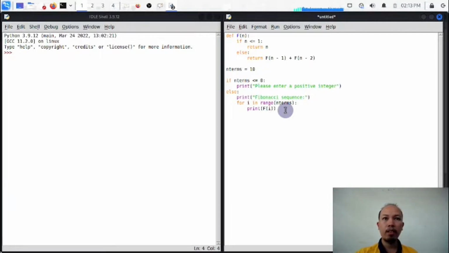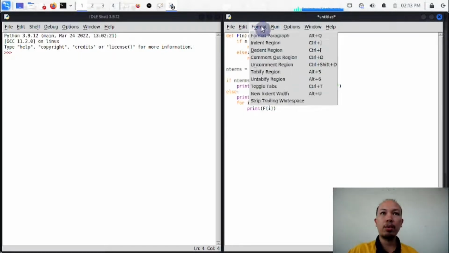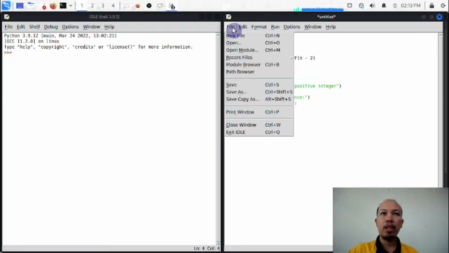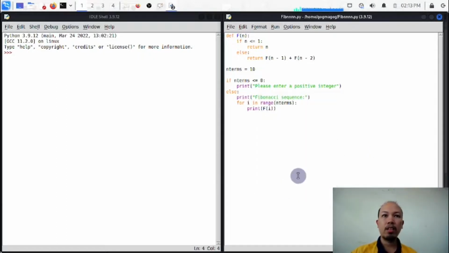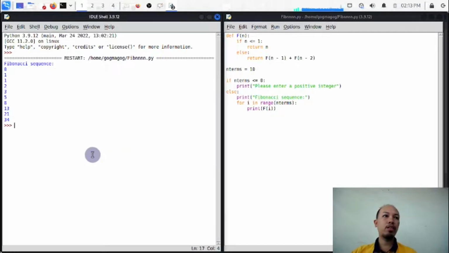Then first we save the file as, let's say, fibn. It doesn't matter how you name it. Then click run or F5, and you will see the sequence. There are 10 terms: 1 2 3 4 5 6 7 8 9 10.